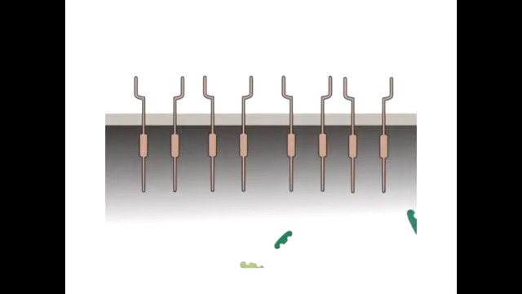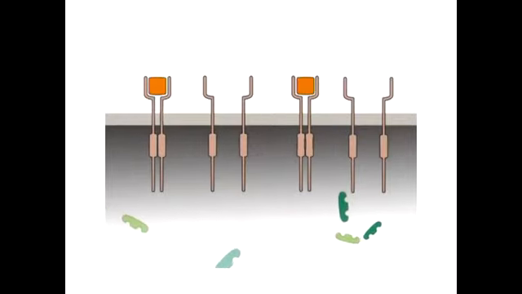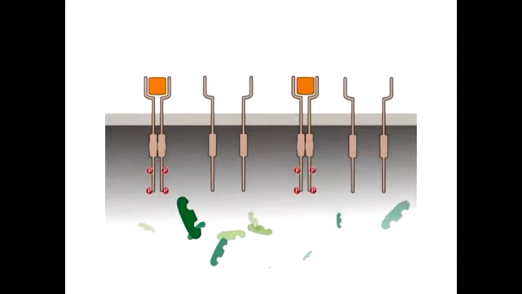Receptors, shown in orange, bind to the extracellular domains of their receptors. The receptor monomers dimerize. The cytoplasmic tyrosine kinase domains of the receptor monomers are activated, and tyrosine residues of the cytoplasmic domain are phosphorylated.